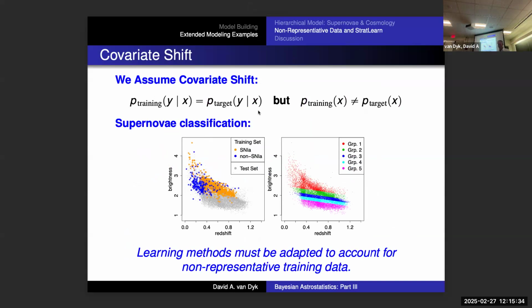The relationship between the variables. The problem is that I have a very different distribution of photometric magnitudes in the training and test set. You can see the gray ones are the photometric data, and the colored ones are the spectroscopic data, type 1a and not type 1a. It's a little hard to see. There are blue and orange points down in here, but not very many.